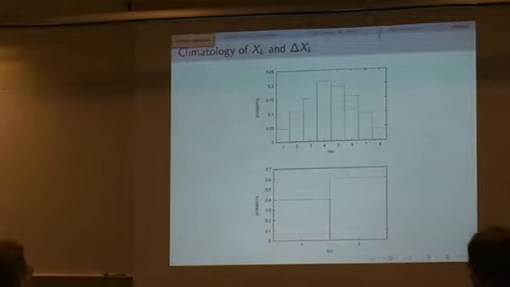Now the results. Applying this framework to the Lorenz 96 model, what do the cluster states look like? We find a model with 3 cluster states, so M is equal to 3. What are these states? Well, that's a climatology in X and delta X. That's a binning with 8 bins, equally spaced in X space, so not equally probable.